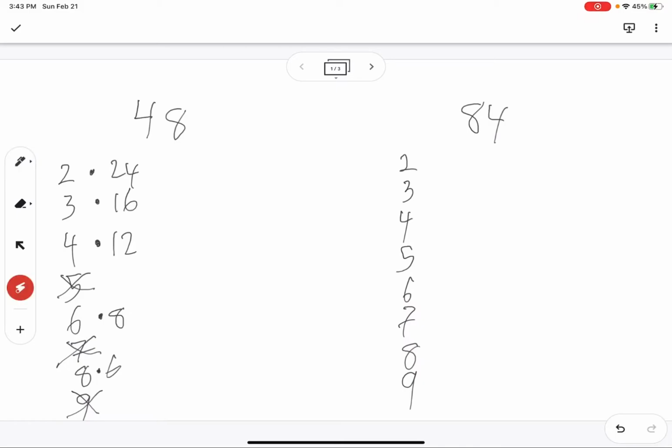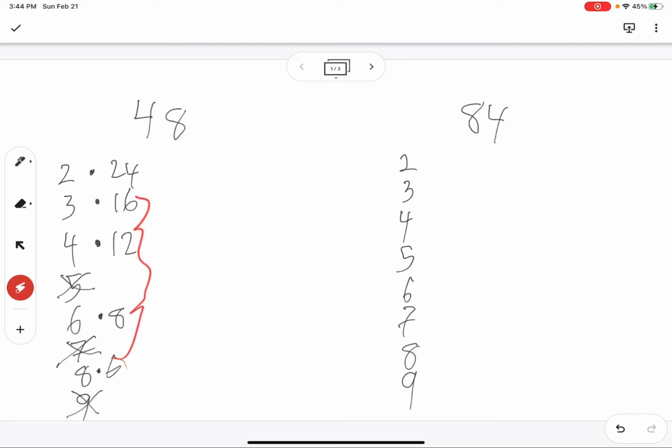So the factors that I have here are 2, 24, 3, 16, 4, 12, 6, 8, 8, and 6. Notice here, we could have actually stopped doing division here because we already ran into a number that's here. Anyway, let's go ahead and do the other side.